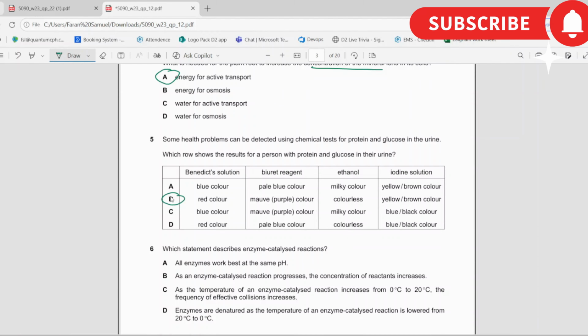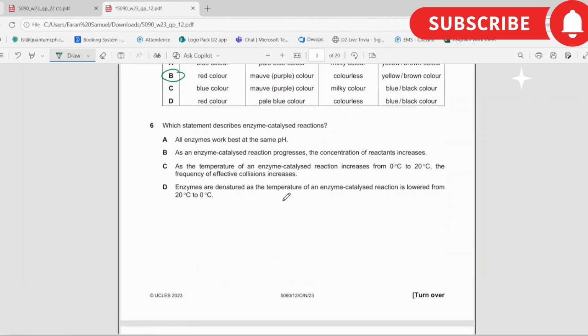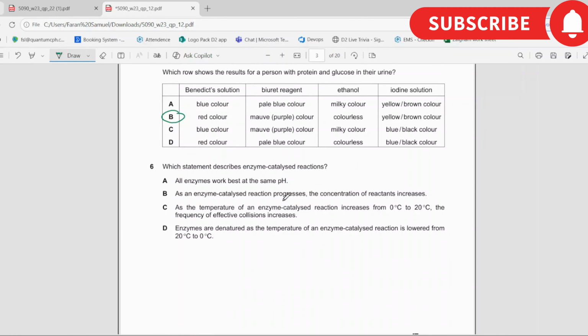Yes. Which statement describes an enzyme catalyzed reaction? All enzymes, okay. The first is not right because every enzyme has its own pH. If you look at the digestive enzymes, it's different in the mouth and different in the stomach and small intestine. So all enzymes do not work at the same pH.